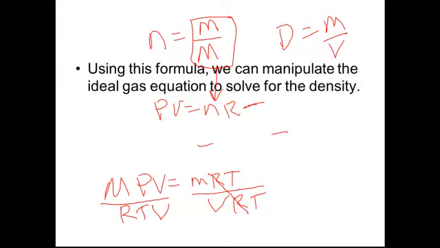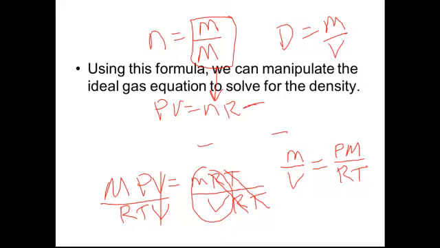The R and the T on this side cancel, and the volume on this side cancels. So what we have left is mass over volume on this side equals the pressure times the molar mass on the top over R times T.